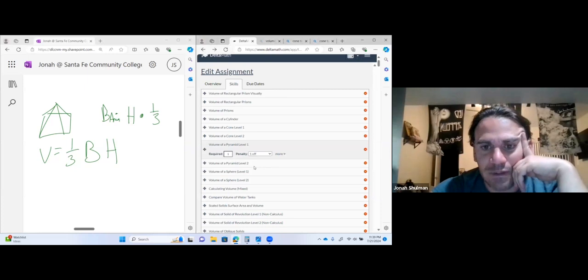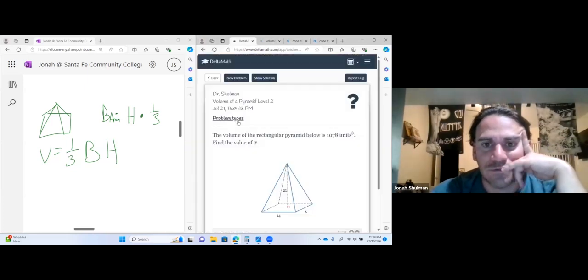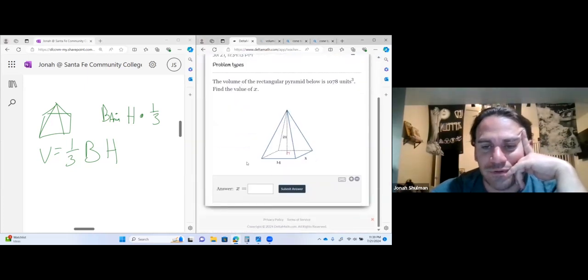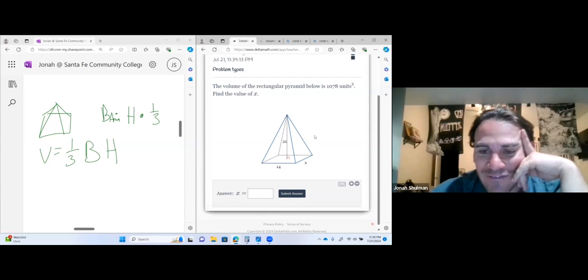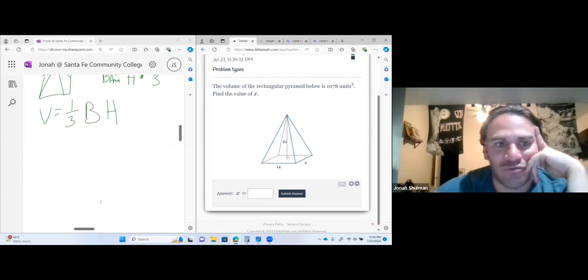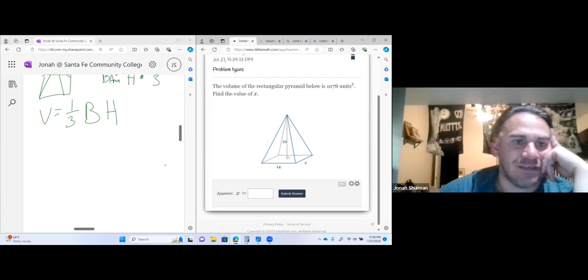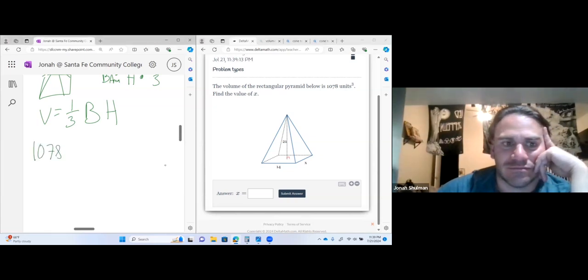All right. Maybe they'll give us a harder one. Who knows? Oh, they give us, so we have to go backwards. So 1/3 base times height. We have the volume is 1078 equals 1/3. And then we have the height, which is 21. And then we just know that the base area is a rectangle, which is 14 times x.